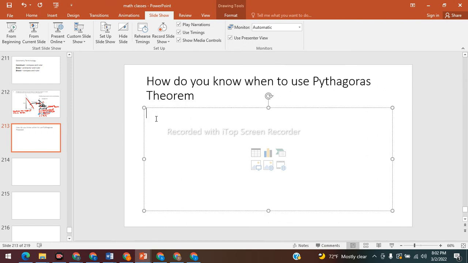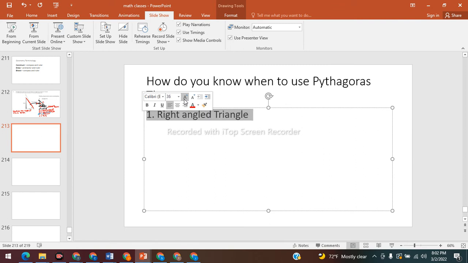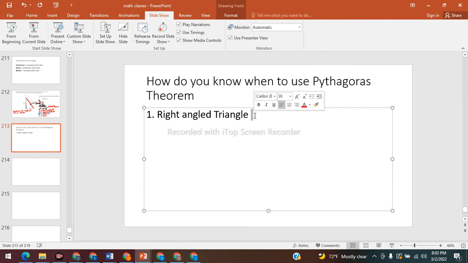Number one, if it's a right angled triangle, that's the first criteria. Pythagoras theorem only works for right angle triangles. It doesn't work for any other triangle. That's very important to note.